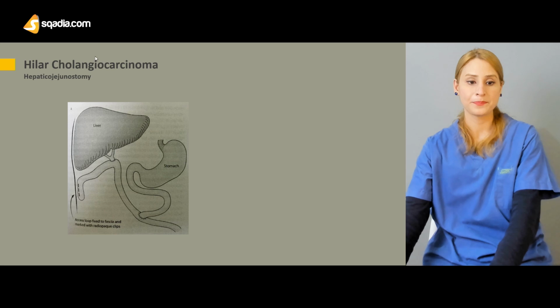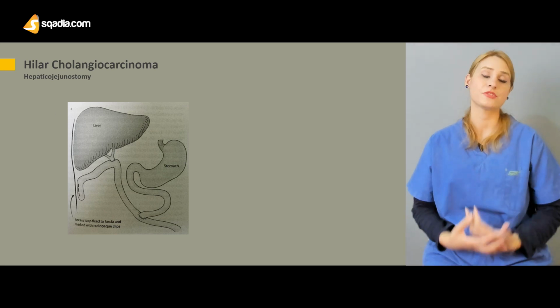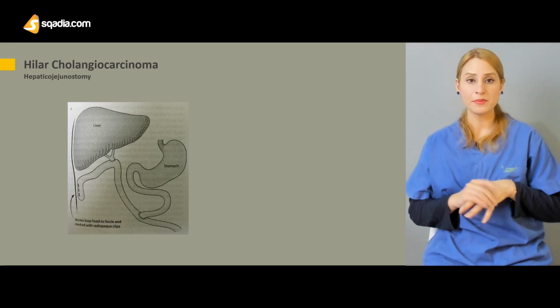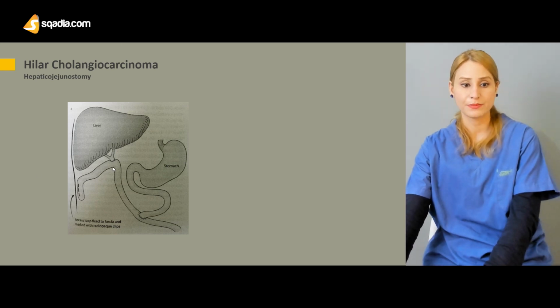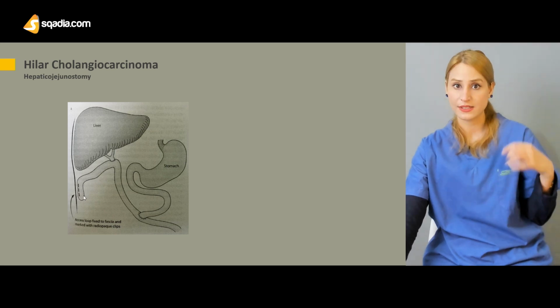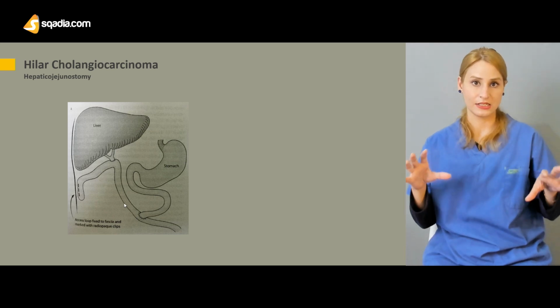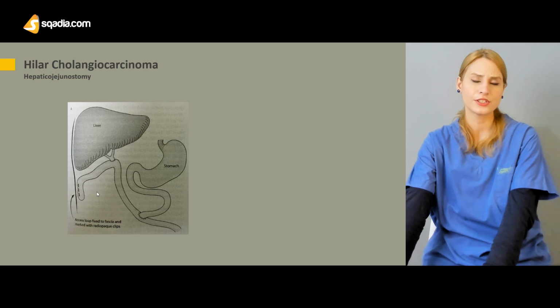Some other pictures. This is actually a choledochojejunostomy, which is a Roux-en-Y. Why is it called Roux-en-Y? Because you're creating a Y loop. So what you do here is, this is the duodenum. You have to close one part of the duodenum, and you're resecting the whole of the biliary channel, for the tumors which are distal.